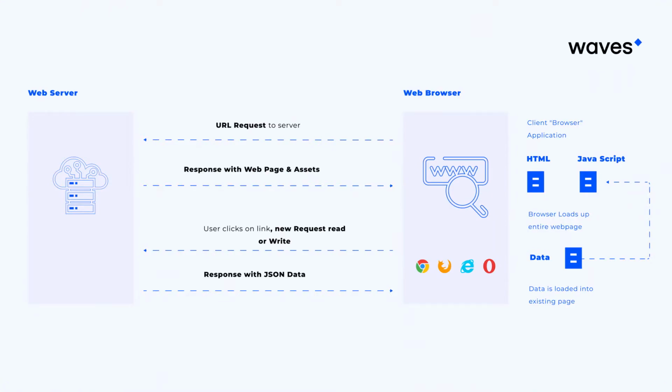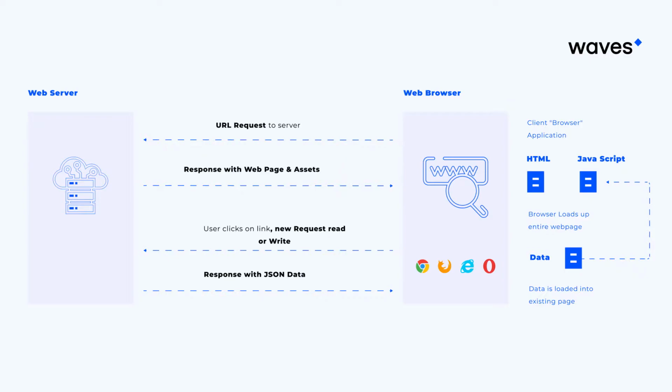Traditional web services have server and client elements. When a user opens a page in his browser, the server responds with a web page with static content like HTML, various assets like images and fonts, and JavaScript code. Once the user interacts with the UI components of the web page, for example, buttons and forms, the JavaScript code creates a new request to the server to fetch data to display or to write some data to the database on the server.